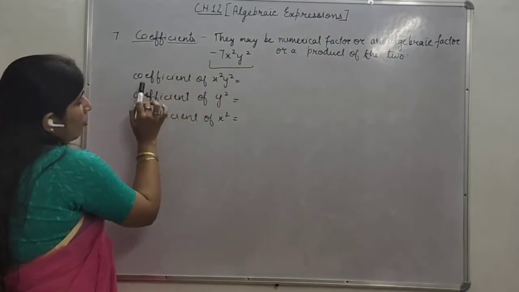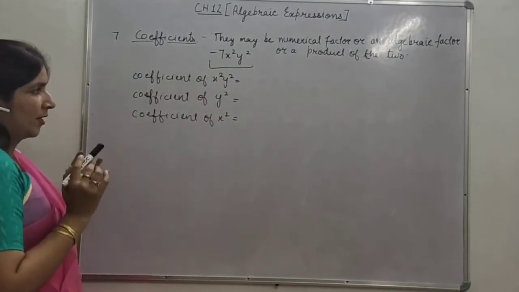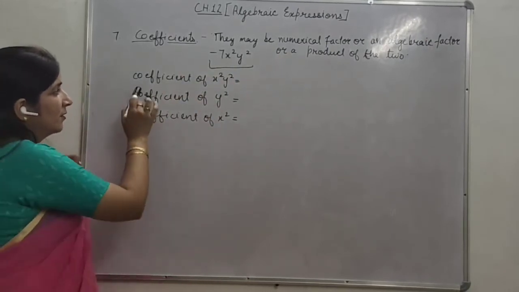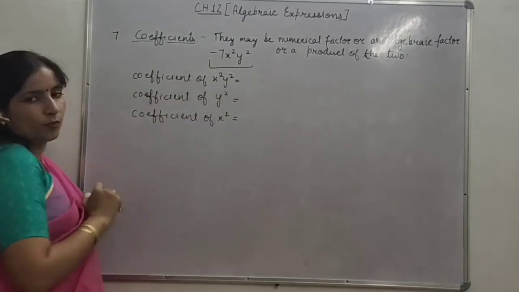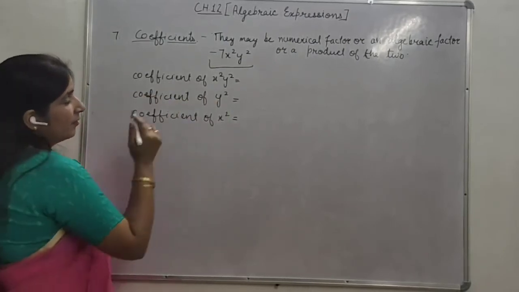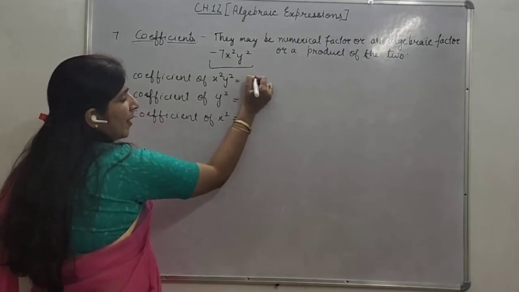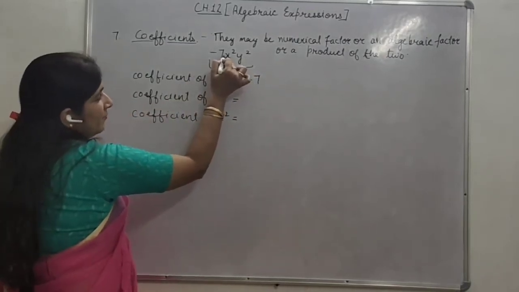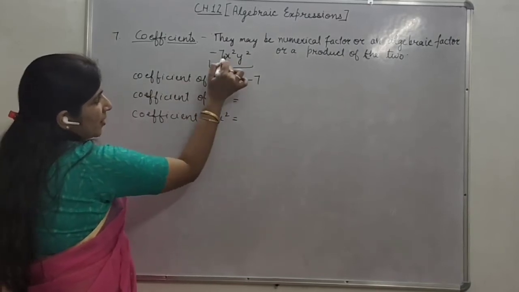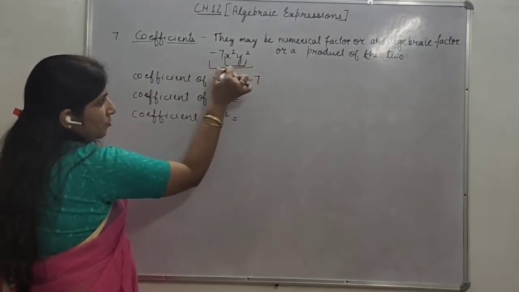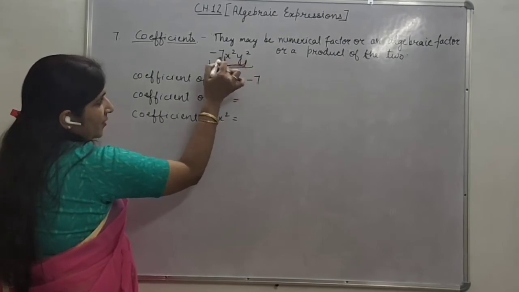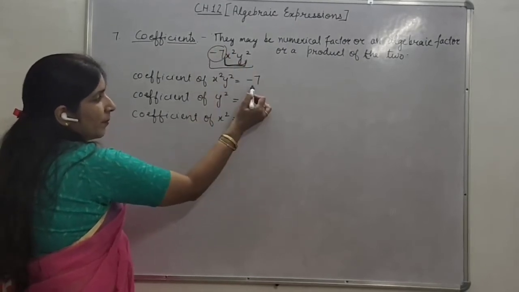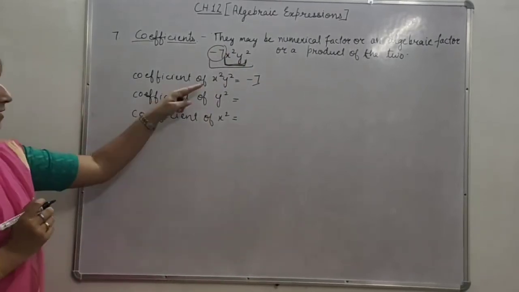How? Suppose this question is asked: what is the coefficient of x square y square? Then obviously we will write minus 7, because we need to leave x square y square, as we need to tell its coefficient. So this is left. So this will be the coefficient of x square y square.